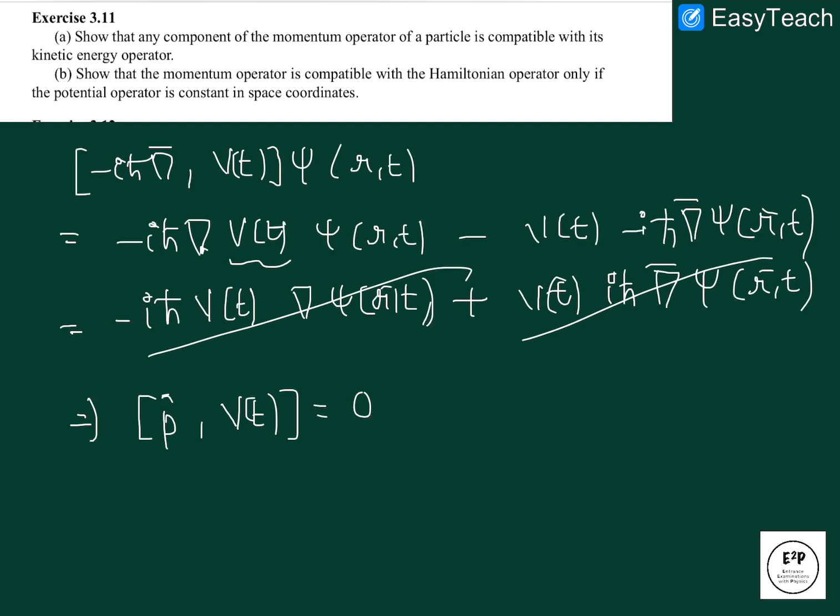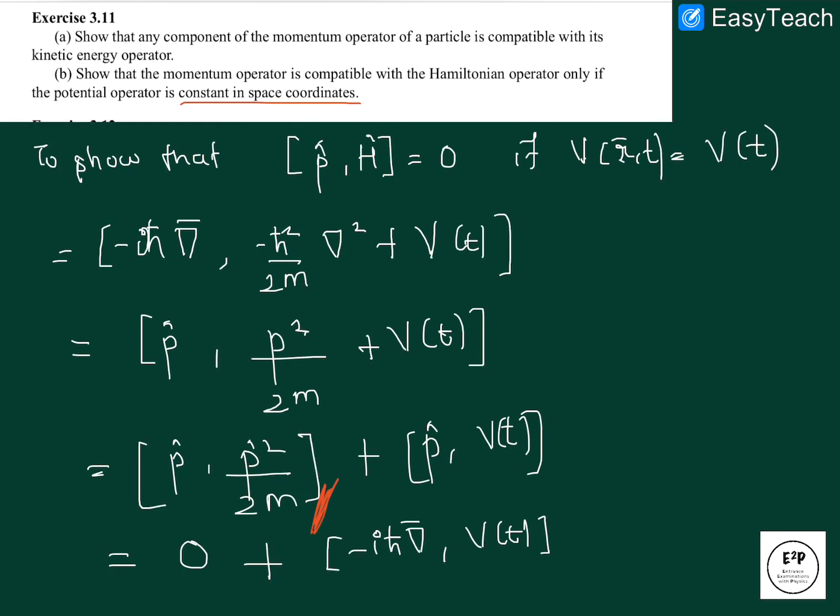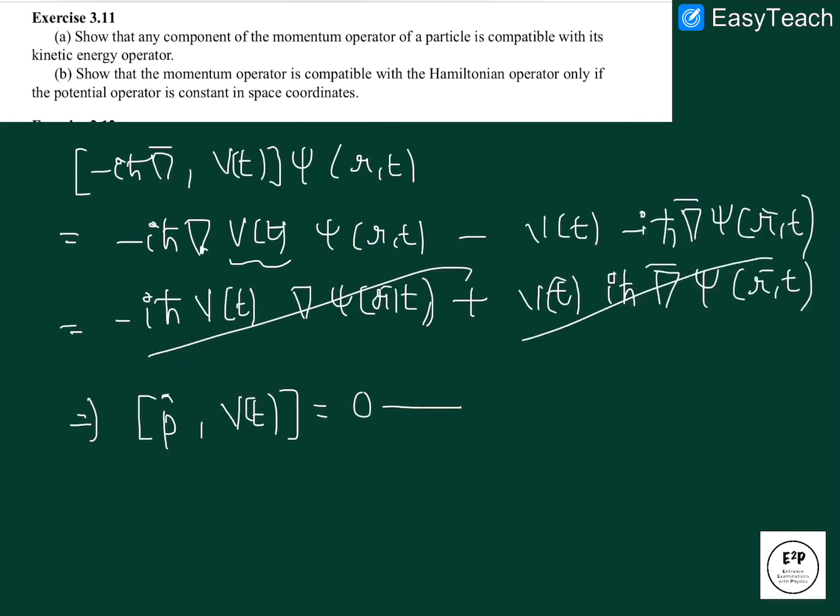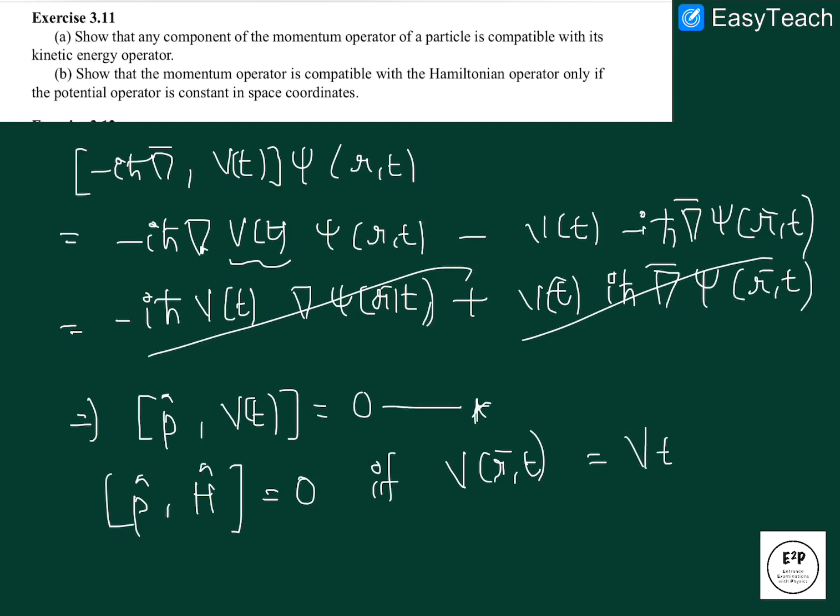So that they are compatible. Substituting this result over here, what finally we have is that P cap and the Hamiltonian are compatible if V of r bar, t, our generalized potential, depends only on time, or in other words we can say that the potential operator is constant in space.